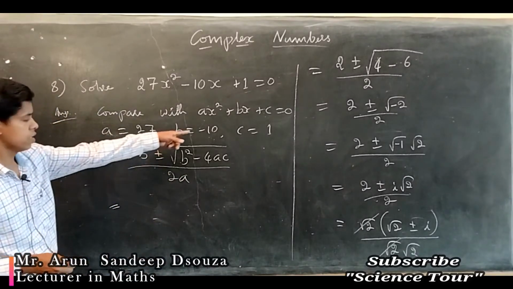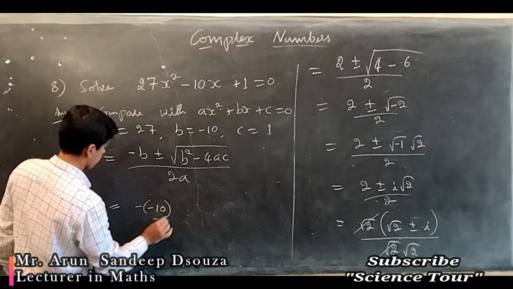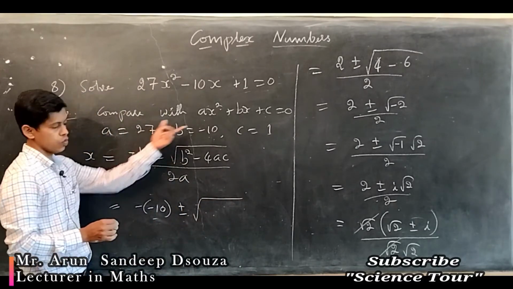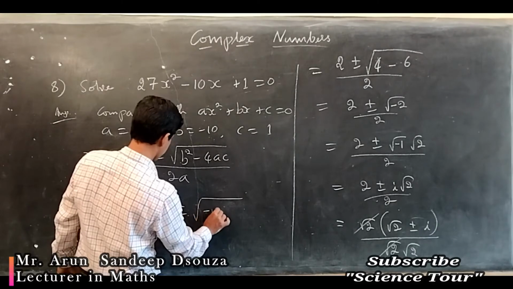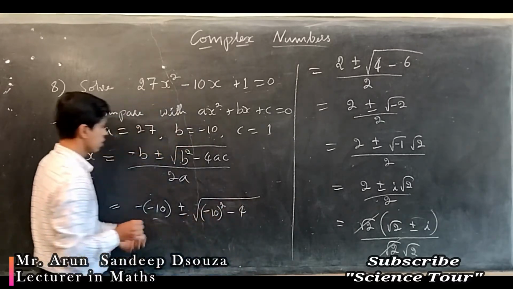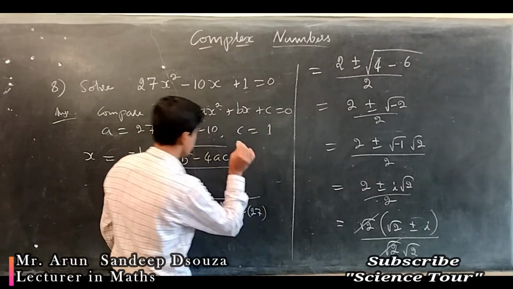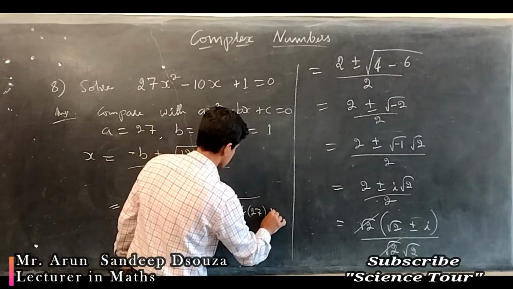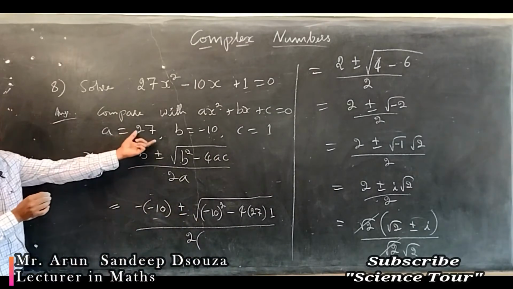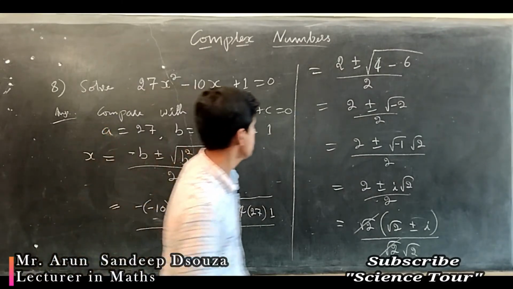Okay, so minus b, so minus of minus 10 plus or minus square root of b square, minus 10 square obviously, minus 4, a is 27, into c is 1, divided by 2 into 27. Okay, so continue.